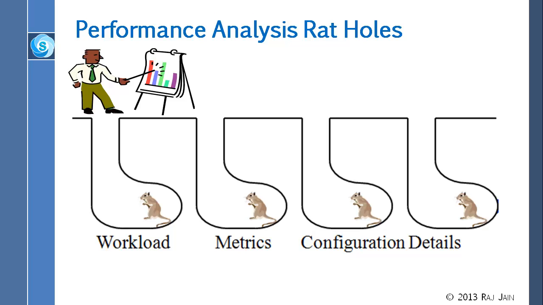So basically the topmost rat hole is workload. You can question the workload of any study at any time, on any paper, any presentation. Workload is never right. Why? Because either it is not current. If they did the measurement 2 years ago or just last year, this year has made a lot of difference. The workload has changed.